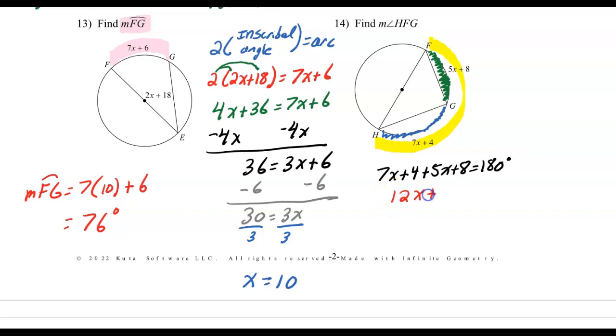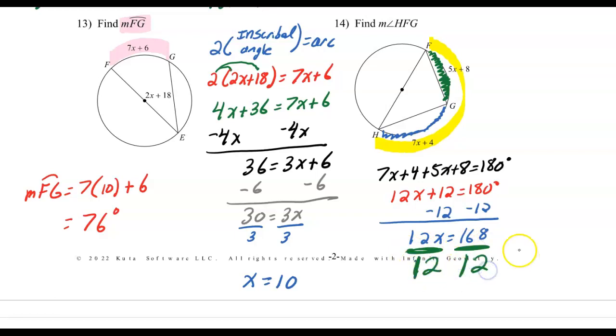So 12x plus 12 is 180. We'll subtract 12. 12x is equal to 168. And we'll divide by 12. And we'll come up with x to be 14.